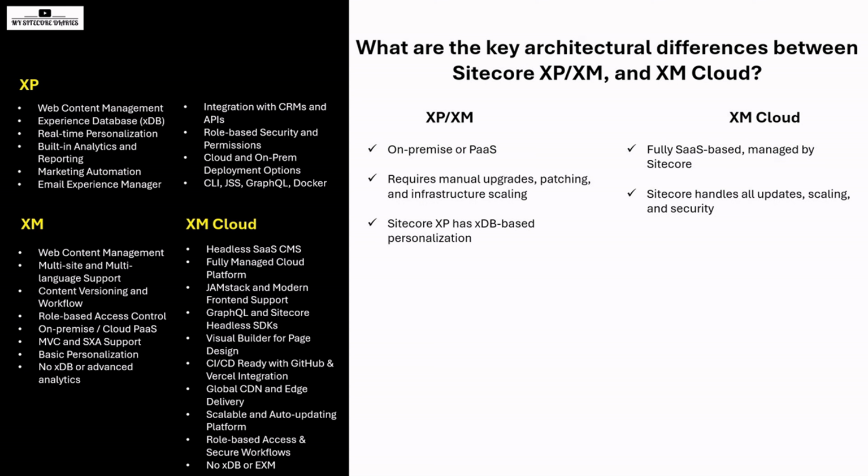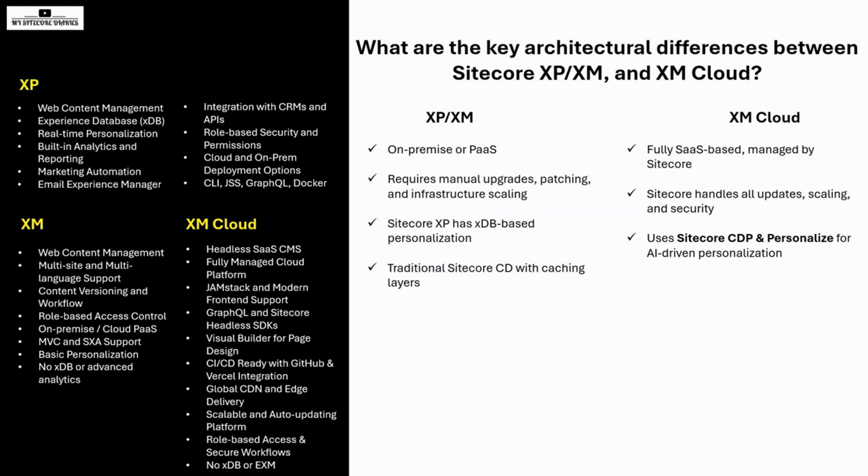This is the key difference: when you use XP, personalization is XDB-based, whereas in XM Cloud you have to utilize two things. One is Sitecore CDP to get the customer data, and then utilize that customer data for personalization by using Sitecore Personalize. So these are the composable products which you need to use along with XM Cloud for personalization.